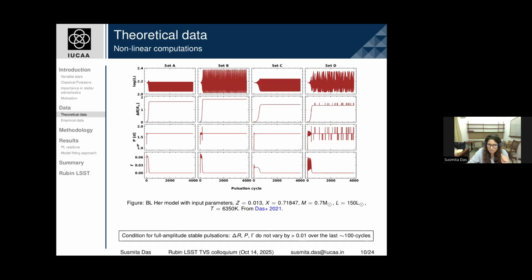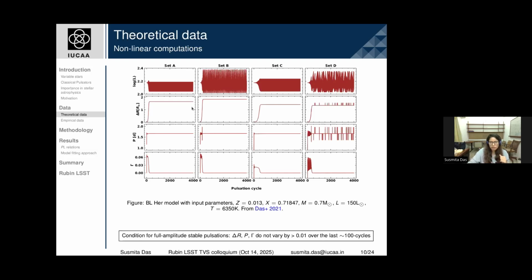What about the pulsation period? What about gamma, which is the average kinetic growth rate per pulsation cycle? So we check that delta R, P, and gamma do not vary by more than 0.01 over the last 100 cycles over the total computed 4,000 cycles.